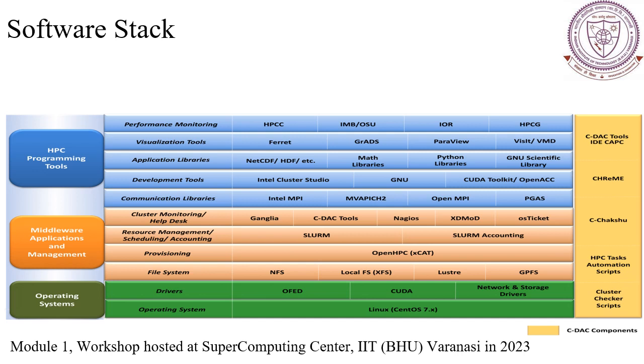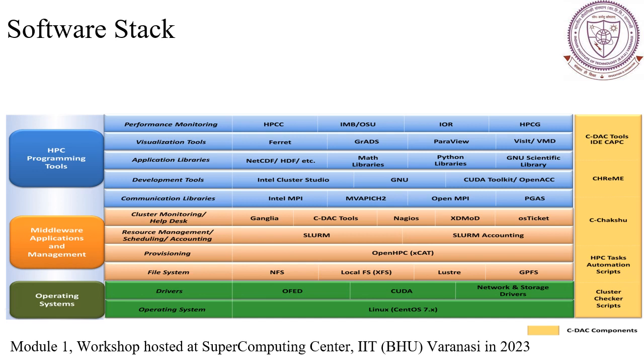Slurm accounting is a component of Slurm that provide accounting information for jobs that are run on the HPC cluster. This information can be used to track resource uses and to bill user for their uses.